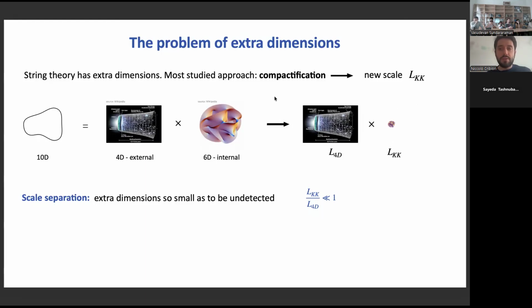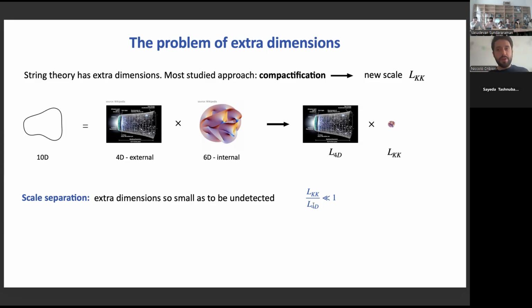What I need for this talk is that this process of compactification generates a new scale, the compactification scale, or I will call it the Kaluza-Klein scale. Then we can reformulate the comparison between the external and the internal universe as a comparison of length scales.